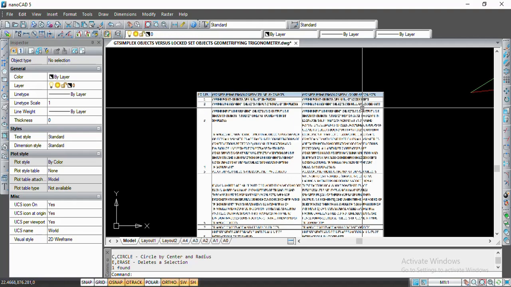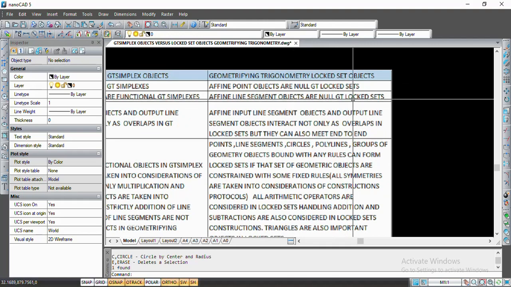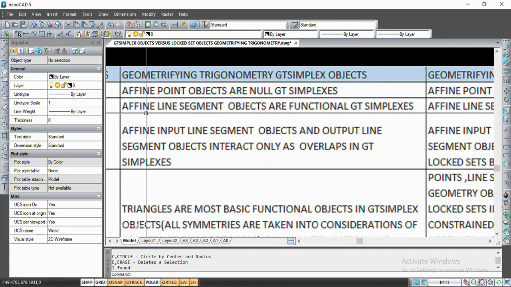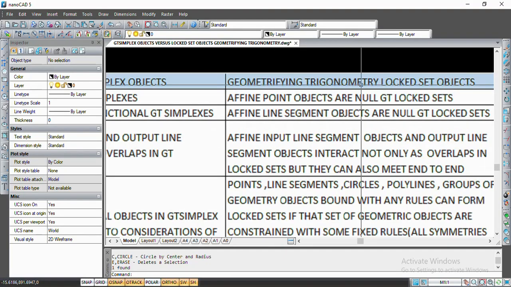But here is a point I have to revise, because in some research I have found that affine line segments are taking part in the locked set operations. So affine line segments are not null, actually they are involved in the operations. Affine line segments are not null objects for Gtsimplexes, nor are they null in the locked set.